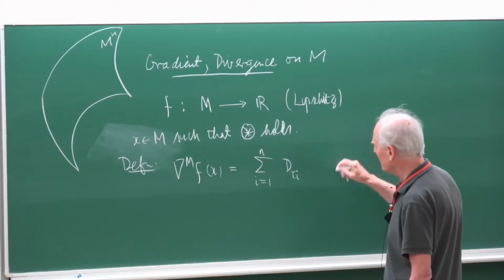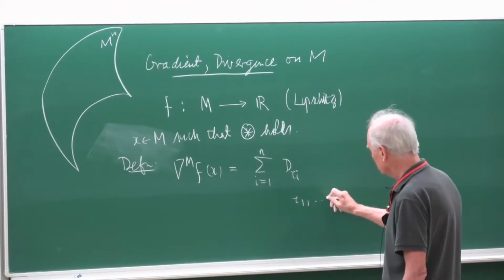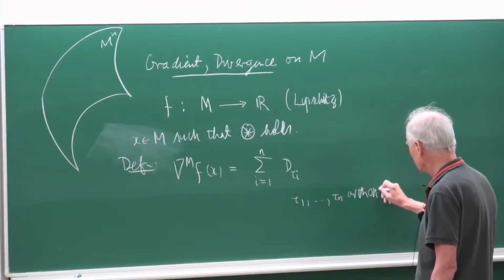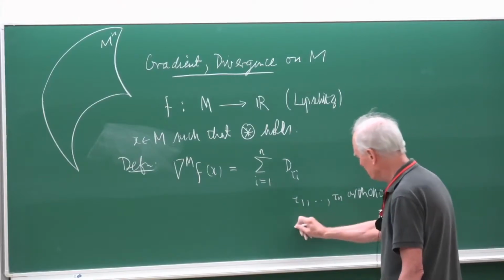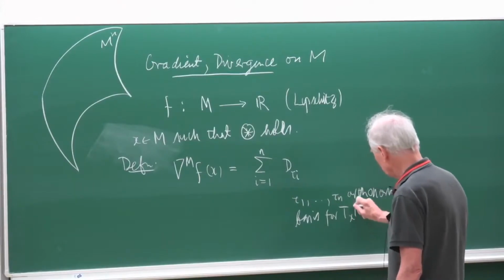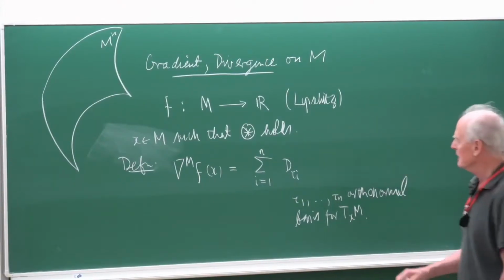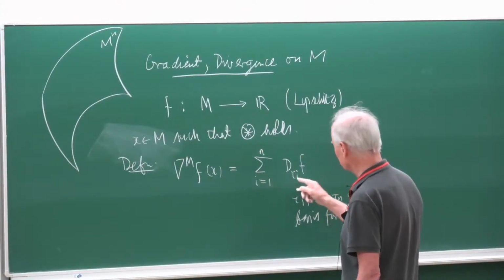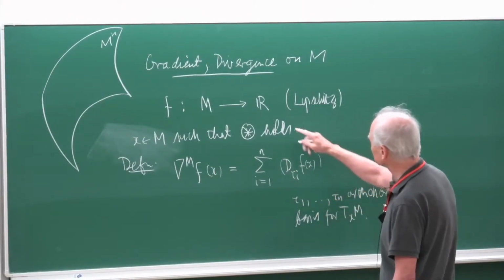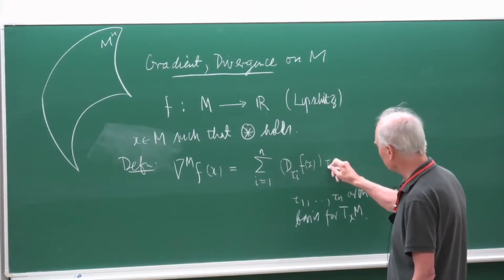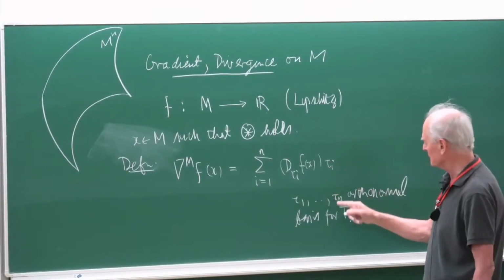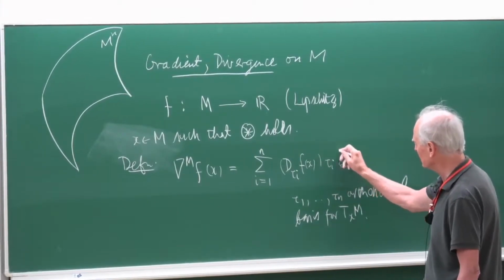So you take an orthonormal basis tau_1 up to tau_n for the tangent space of M, and you take the directional derivative of f in the direction tau_i, and notice that's a scalar because f is real valued, and you multiply that by tau_i. Now notice that's a linear combination of vectors in the tangent space, so this is certainly in the tangent space.